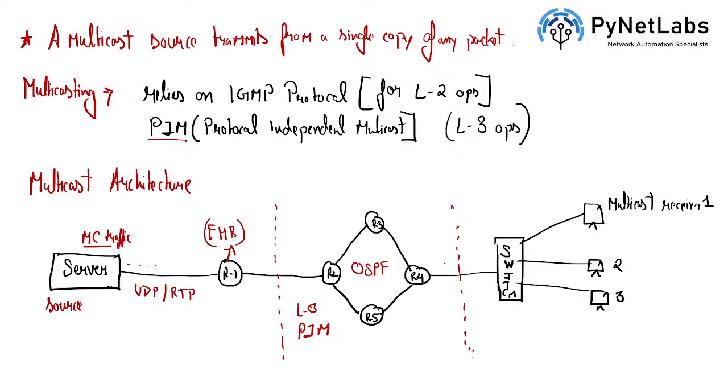And this router, the last router connected at the end, we call the LHR, last hop router. Then, when the traffic is sent out on the switch, like I already told you, the IGMP domain would be there, because IGMP is the protocol which lies at Layer 2. And we can say switches can be configured with IGMP snooping as well, and snooping and all these things come as part of the NRC. So yeah, you must be having a good idea about that as well.